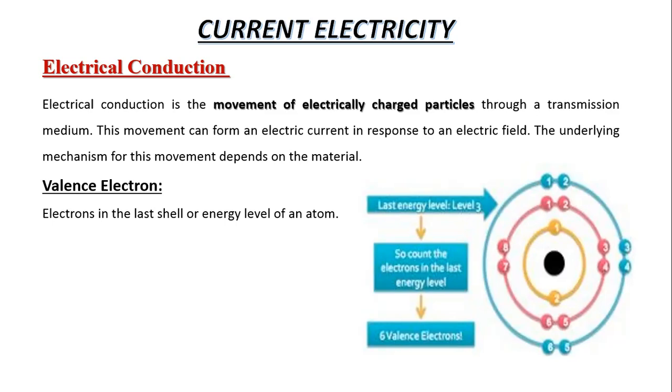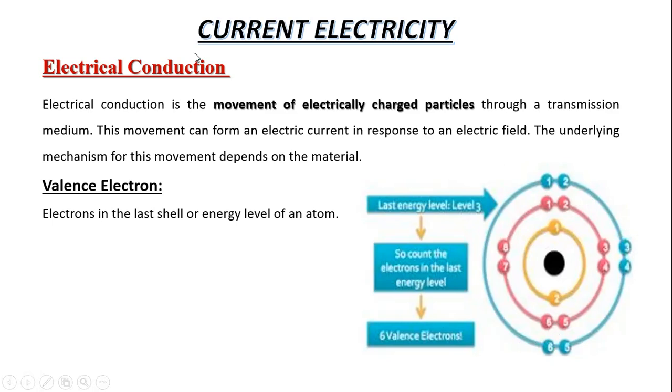It doesn't matter whether the last orbital is complete or not, the electrons present in the outermost shell are neutral by nature. As you can see in this atom, the number of electrons is 6. This is a naturally neutral atom.